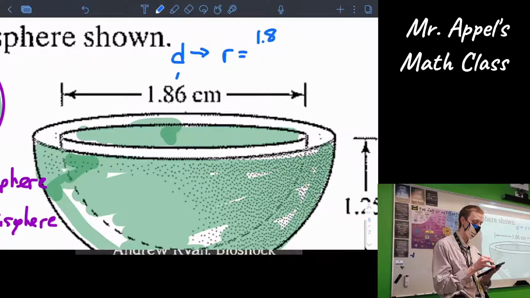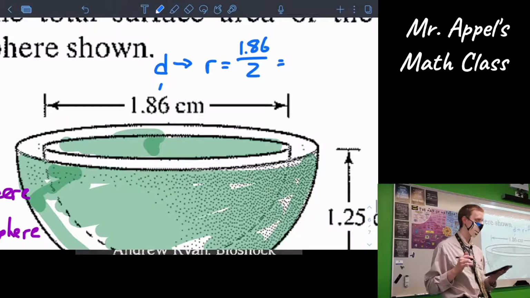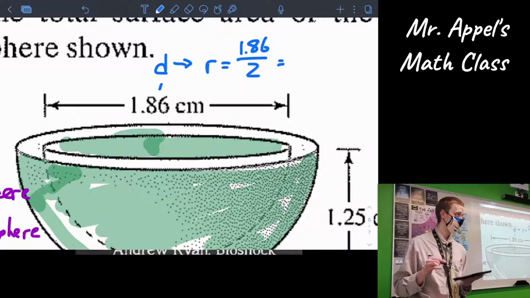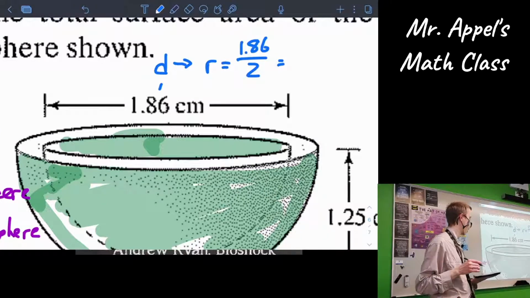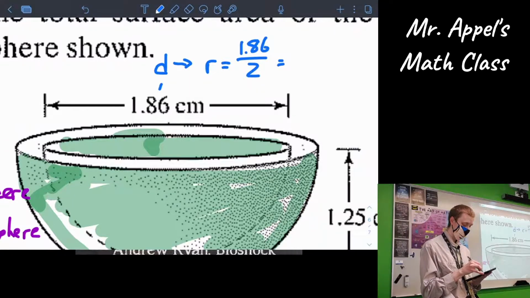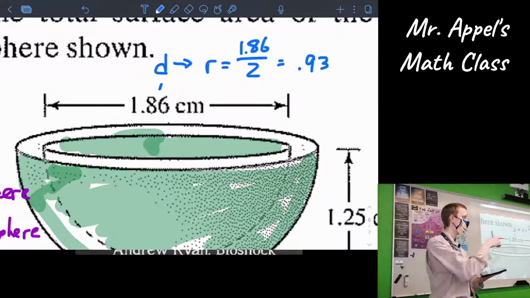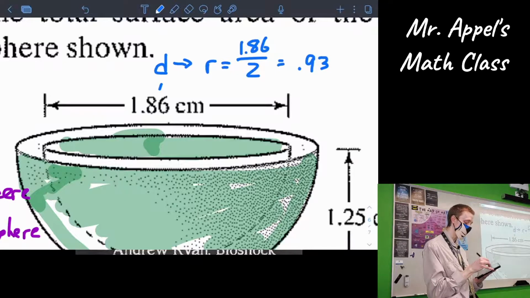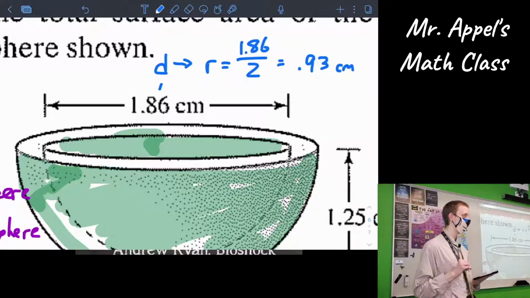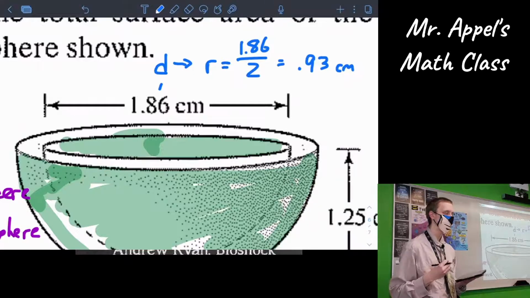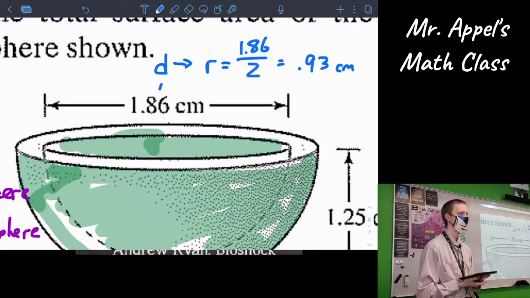So 1.86 divided by 2 is 0.93, he says. Can anyone confirm that? Yes, you agree. Okay, 0.93 centimeters is our radius of the inside hemisphere, so the smaller hemisphere.